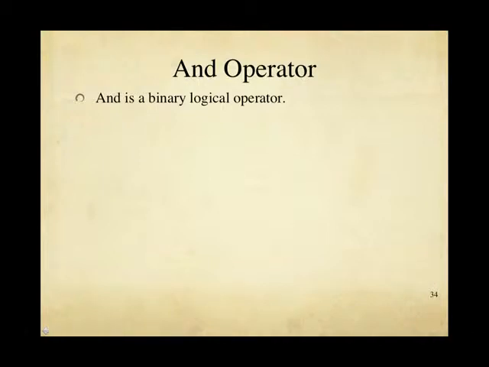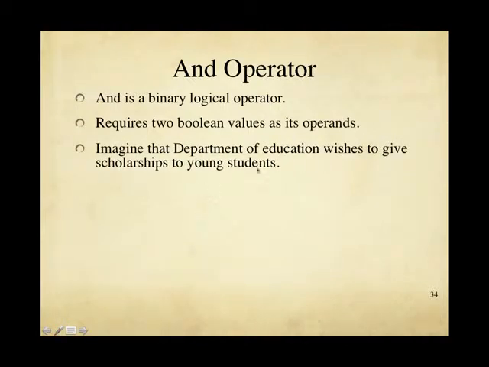Let's talk about AND operator. AND is a binary logical operator. Requires 2 Boolean values as operands, one on left, one on right. Imagine the Department of Education wishes to give scholarship to young students. Okay, so we are getting into a situation where AND operator may be applicable.